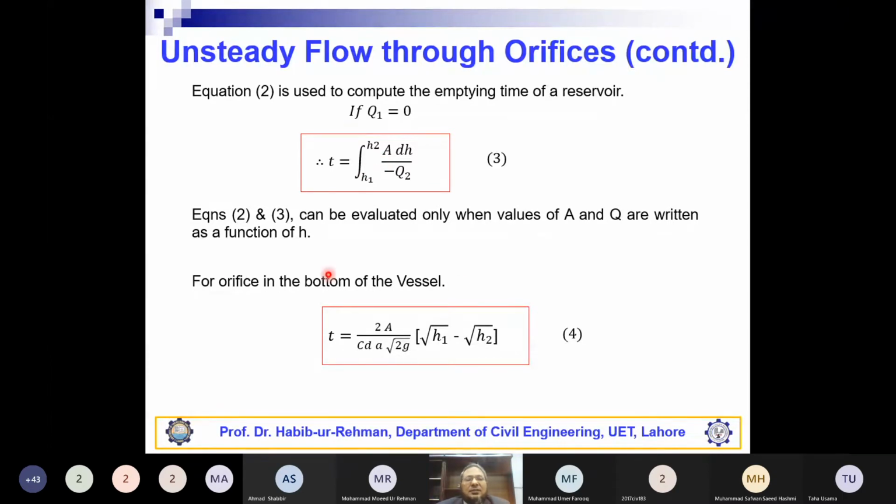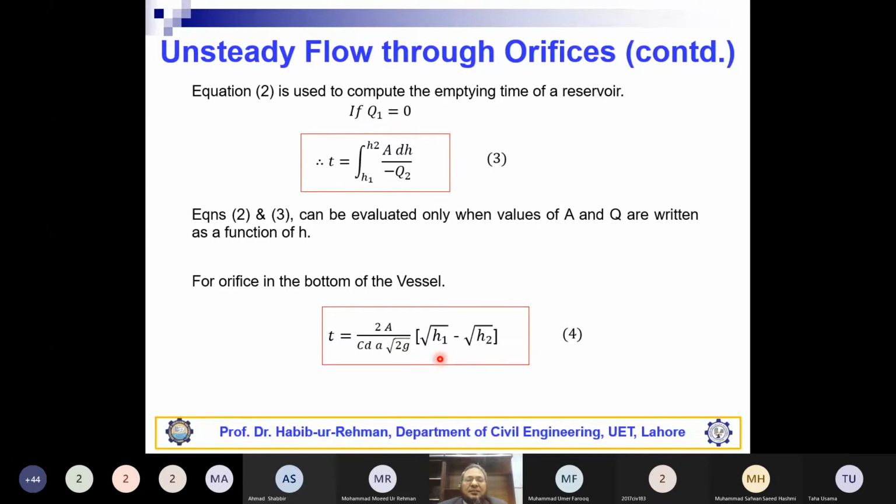And you know, if there is an orifice in the bottom of the reservoir or vessel, then we can easily derive from this equation that the emptying time would be 2a over Cd A root of 2g, times under root h1 minus under root h2, where h2 is the initial head and h1 is the final head, or vice versa, it depends on you.